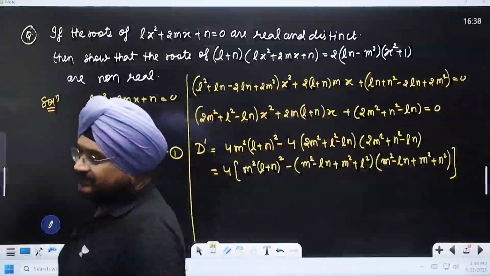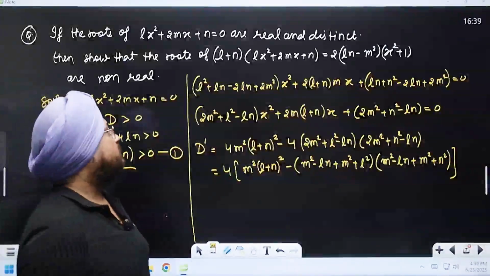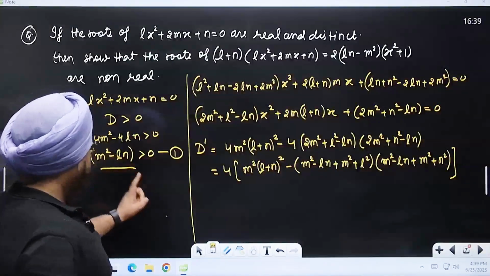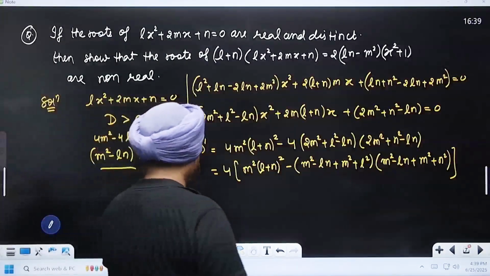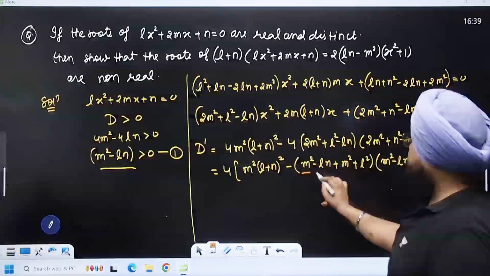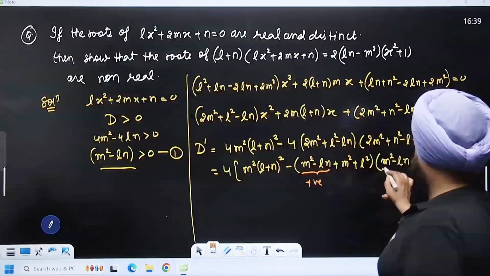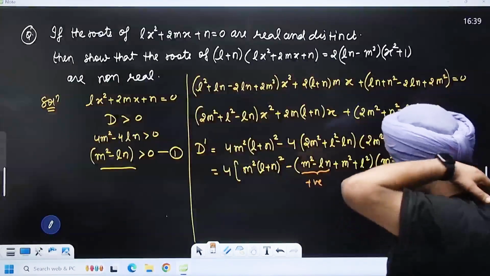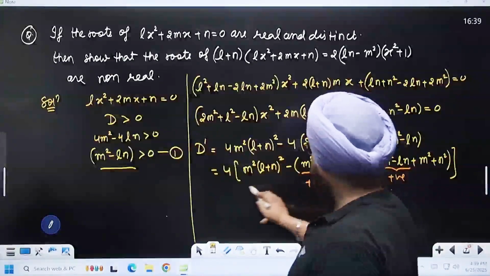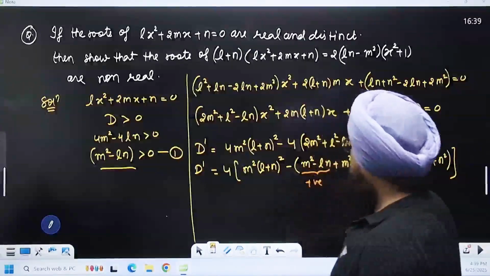Now from the given condition, we know that m square minus ln is positive. This expression is positive, this expression is positive, and it is getting subtracted in this discriminant.